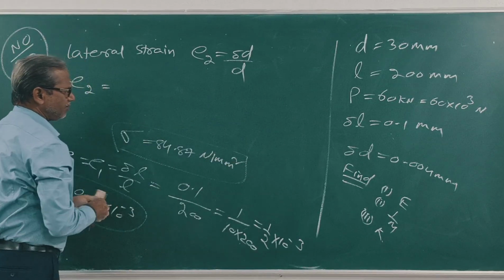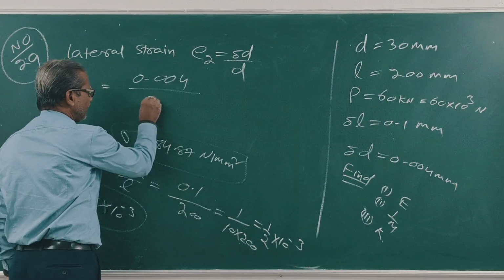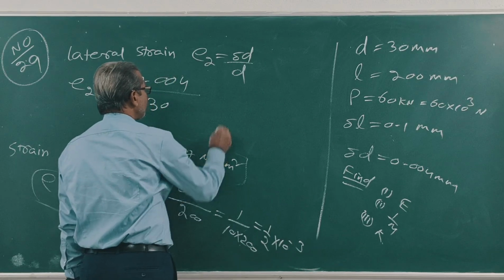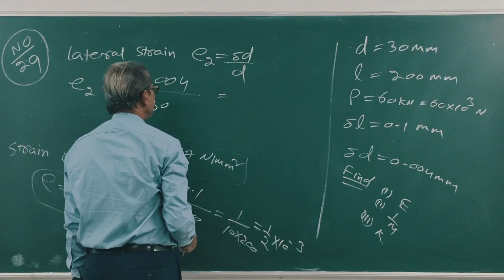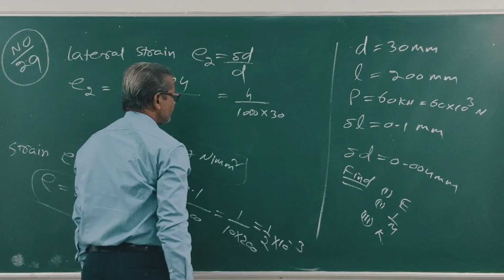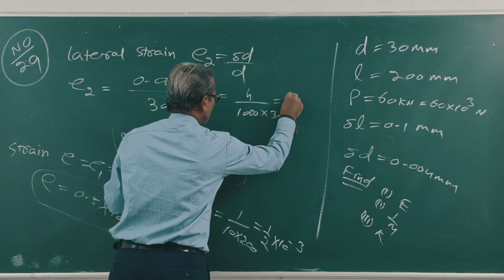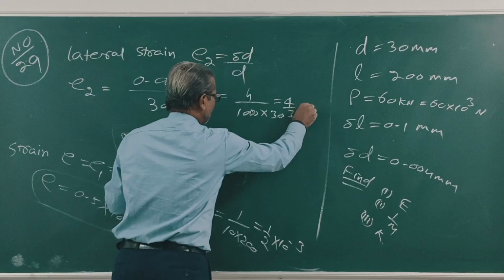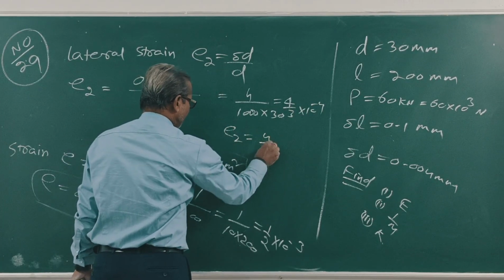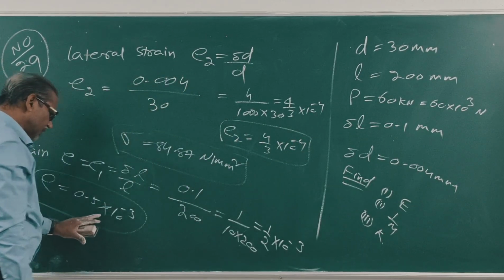What is delta d? 0.004 by d, 30. Clear? Is equal to 4 by 10³ by 30. Right? Is equal to 4 by 3 into 10 to the minus 4. This is e2, the lateral strain. This is linear strain e1 or e.